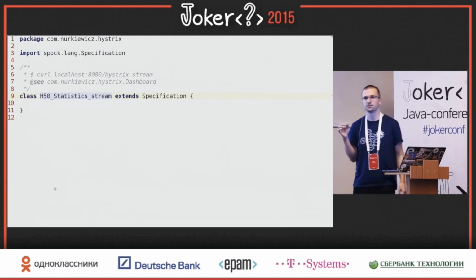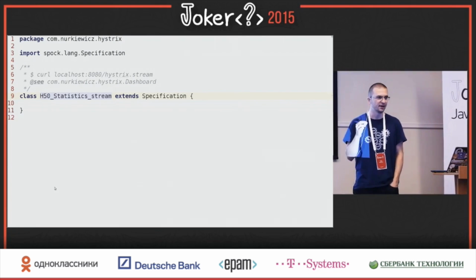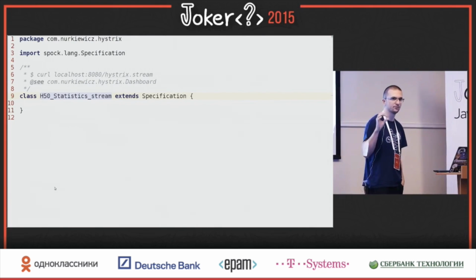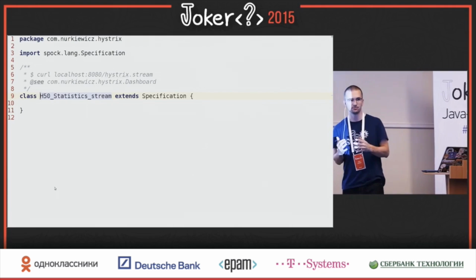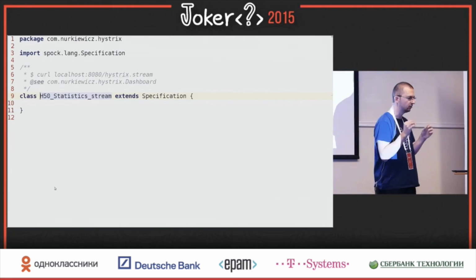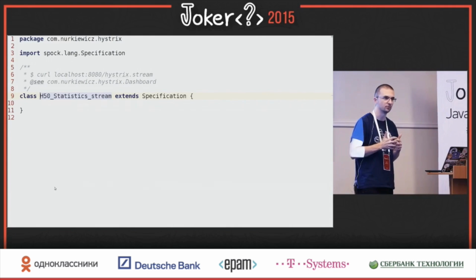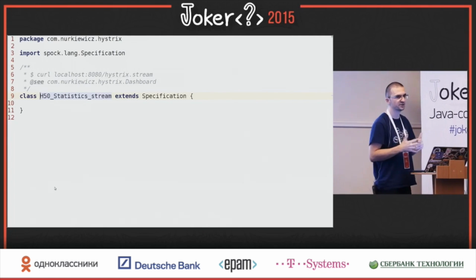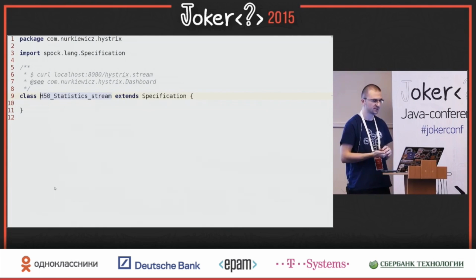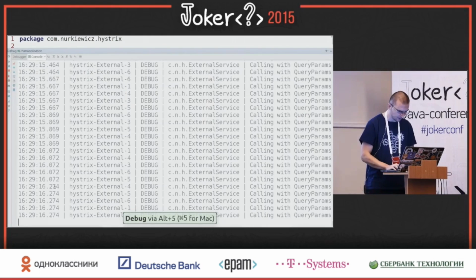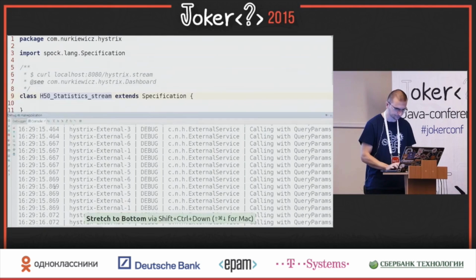And Hystrix has to collect quite a lot of data. It has to know how many times every single command was executed, what the error rate was, what the time distribution was. It has to have all this information about every single thread pool. So this is really valuable information, and it would be really selfish from the Hystrix side if it didn't expose this data. So I have this application already running here.